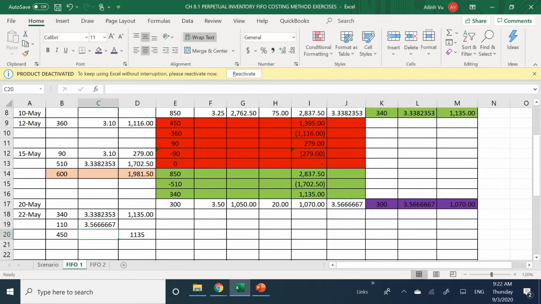It's for this $3.566666, right? So, I'm going to go ahead and multiply across. And what do I get here? But I'm going to round that, right, to 392.33.